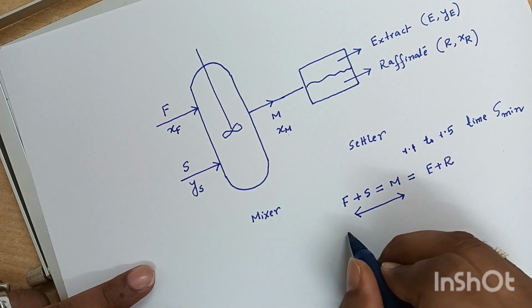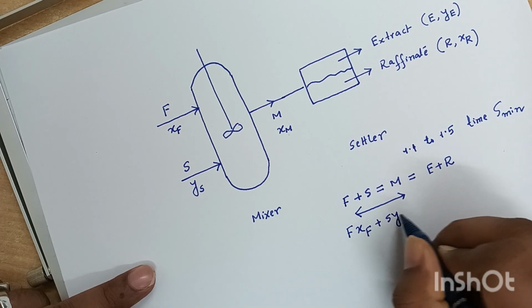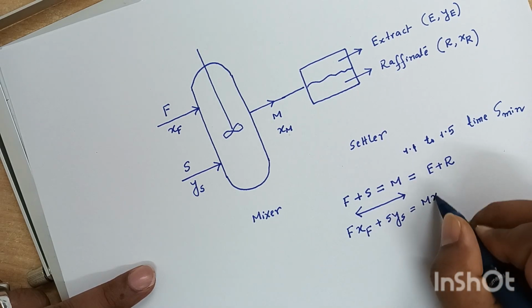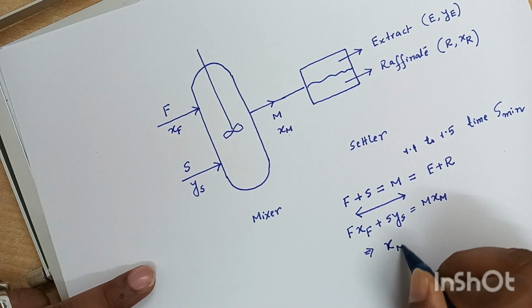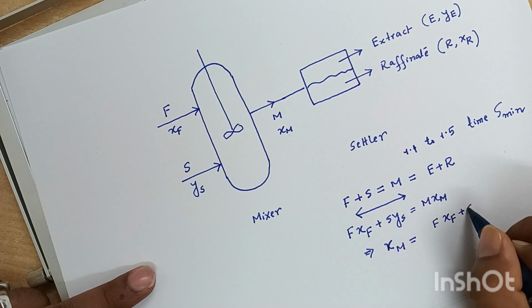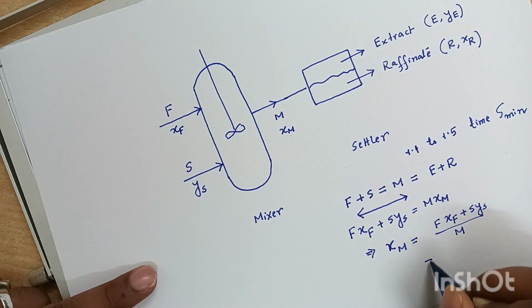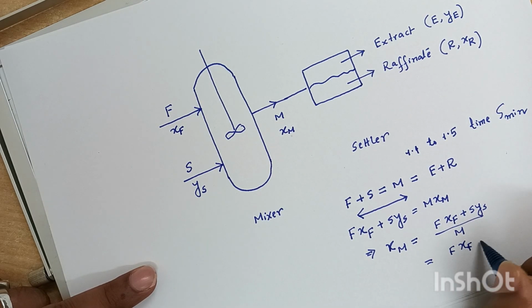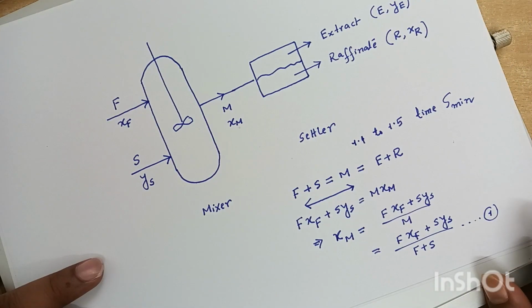Now if you do the component balance, the equation will look like this: F xf plus S ys is equal to M xm. From here you can easily get an expression for mixed stream, which is xm equal to (F xf plus S ys) divided by M, which can be written as (F xf plus S ys) divided by (F plus S), where M is equal to F plus S. Let it be equation 1.